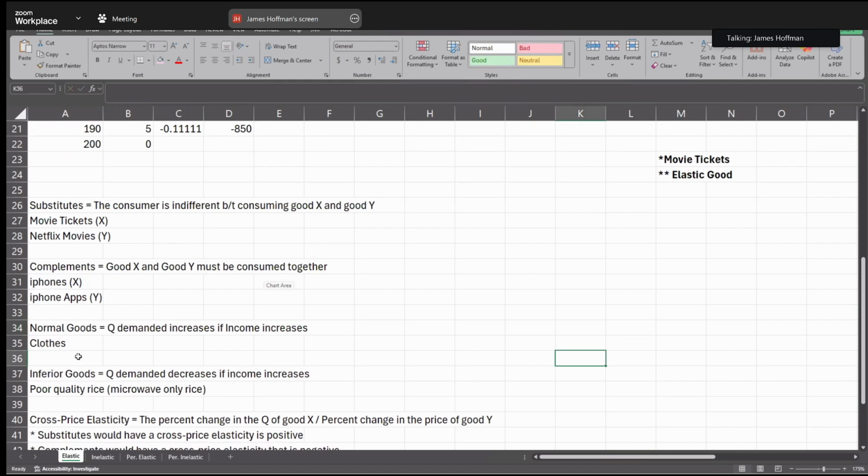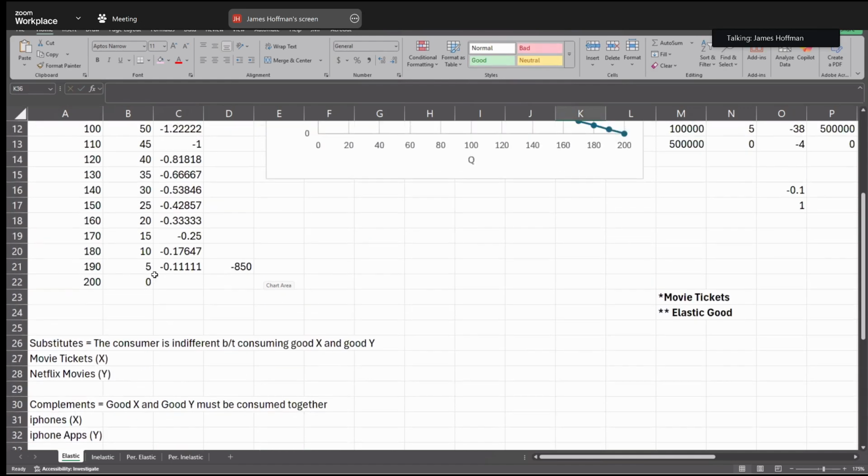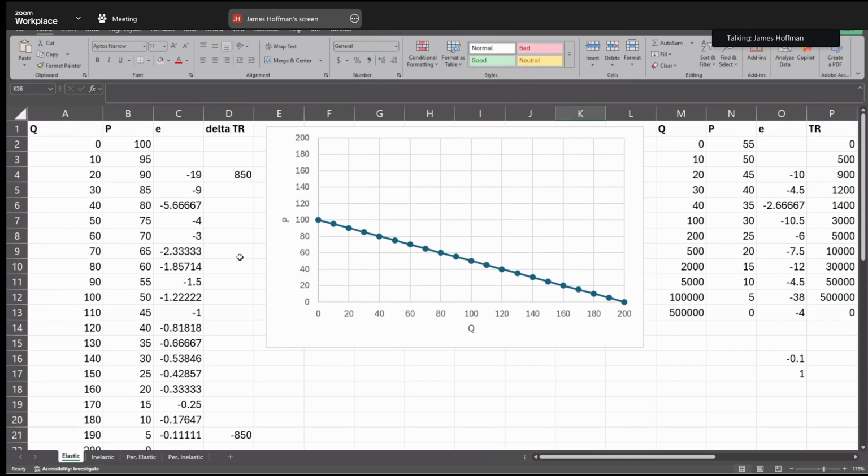And the same with normal goods and inferior goods. So why don't we just think of a hypothetical example and see what would happen to the demand curve if something else changes.